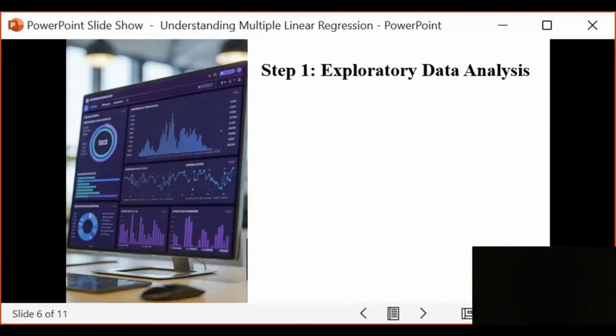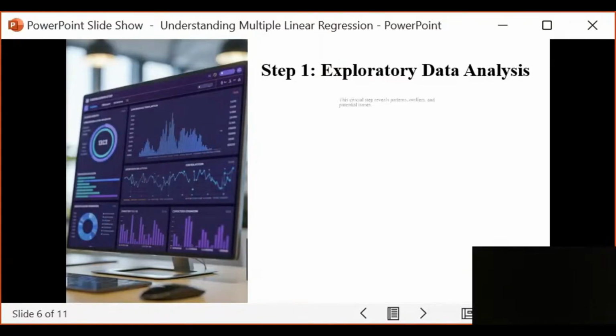So we start with the first step. The first step is that we conduct exploratory data analysis. How do we do that?